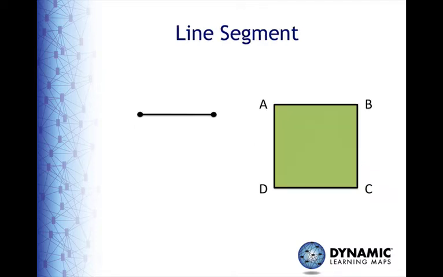The line segment is a straight path of points that has a clear starting and stopping point. This segment could be called line segment CD, and the shape you see here is made up of line segments AB, BC, DC, and AD.